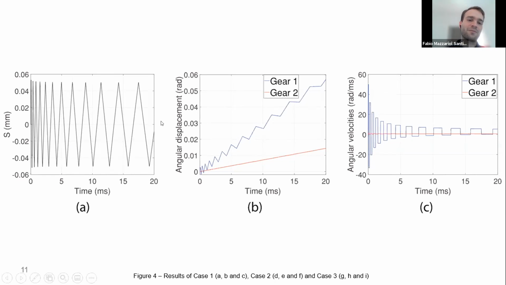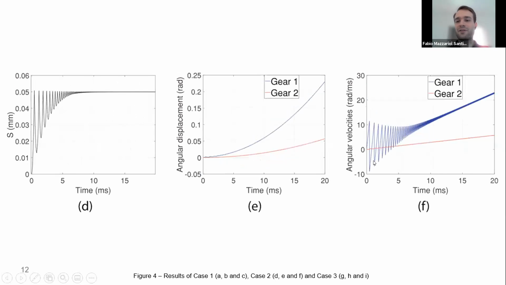And it's reflected by the angular displacement of the gears. We can see how gear 1 has tilting angular displacement, and gear 2 has a bigger radius and also bigger inertia, so it's clearer for gear 2. And we can see also this phenomenon in terms of angular velocities.